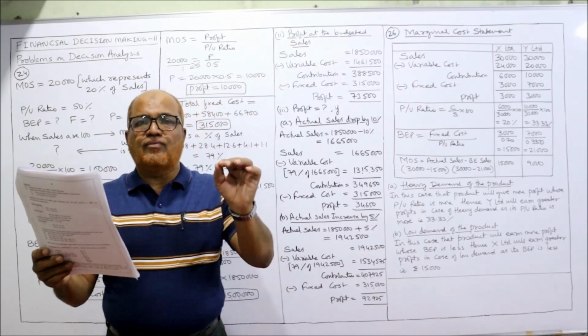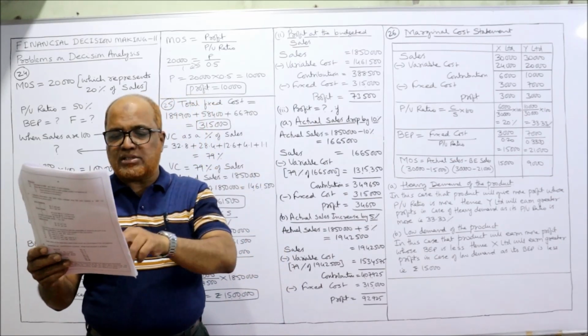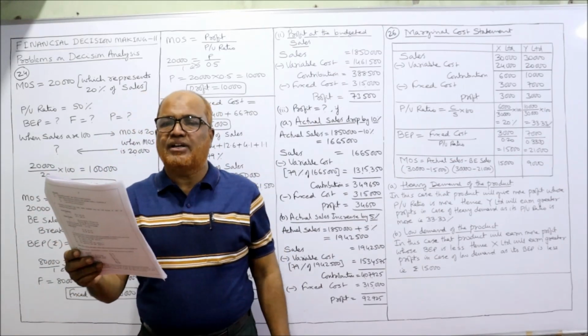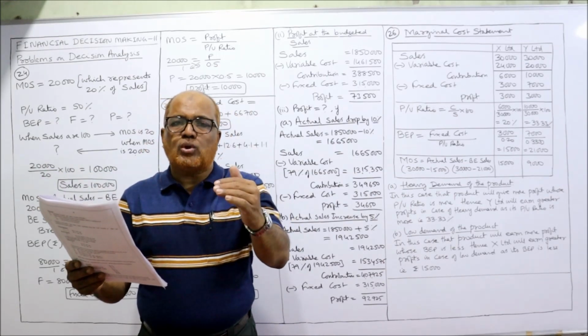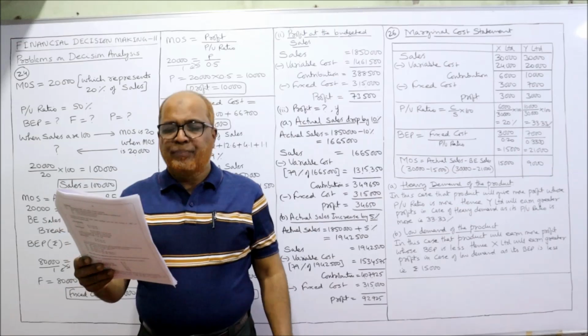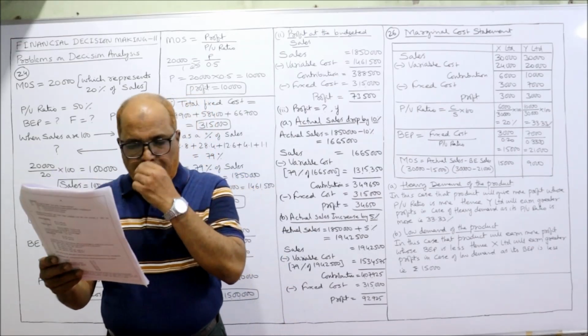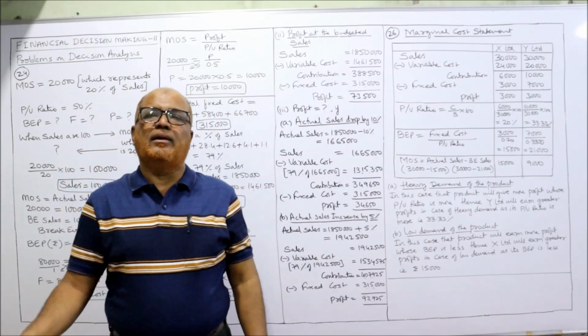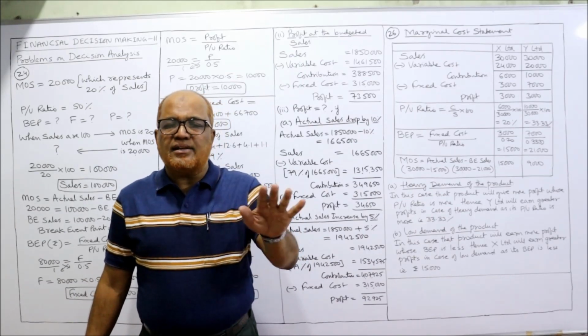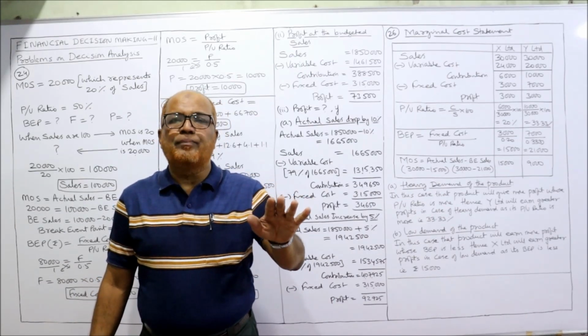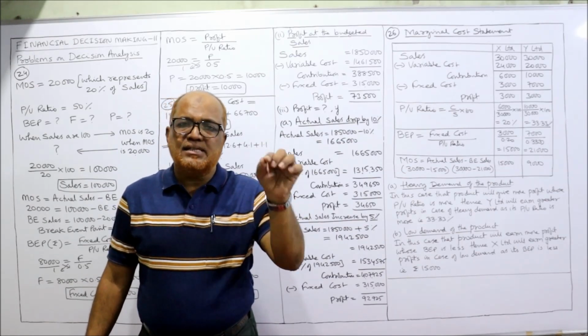The total cost, variable cost plus fixed cost, is 27,000 for X Limited and 27,000 for Y Limited. Sales minus total cost will give the profit. The profit is 3,000 for X Limited, 3,000 for Y Limited. So what is the difference between these two companies? The sales are the same, profit is the same, total cost is the same.